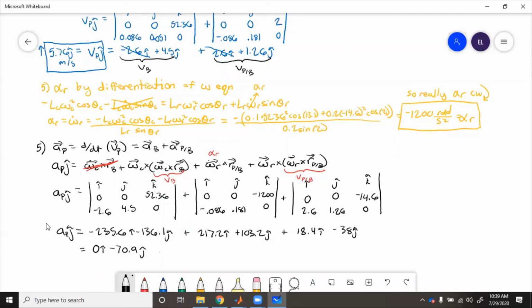Okay, so this means AP equals negative 70.9 meters per second squared. So it's decelerating.